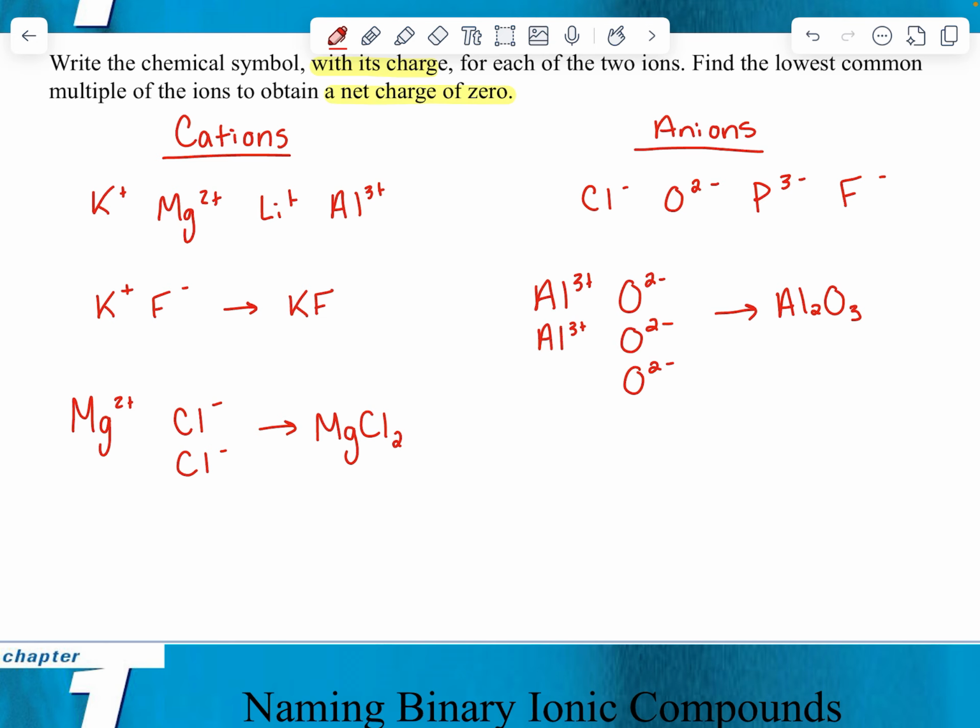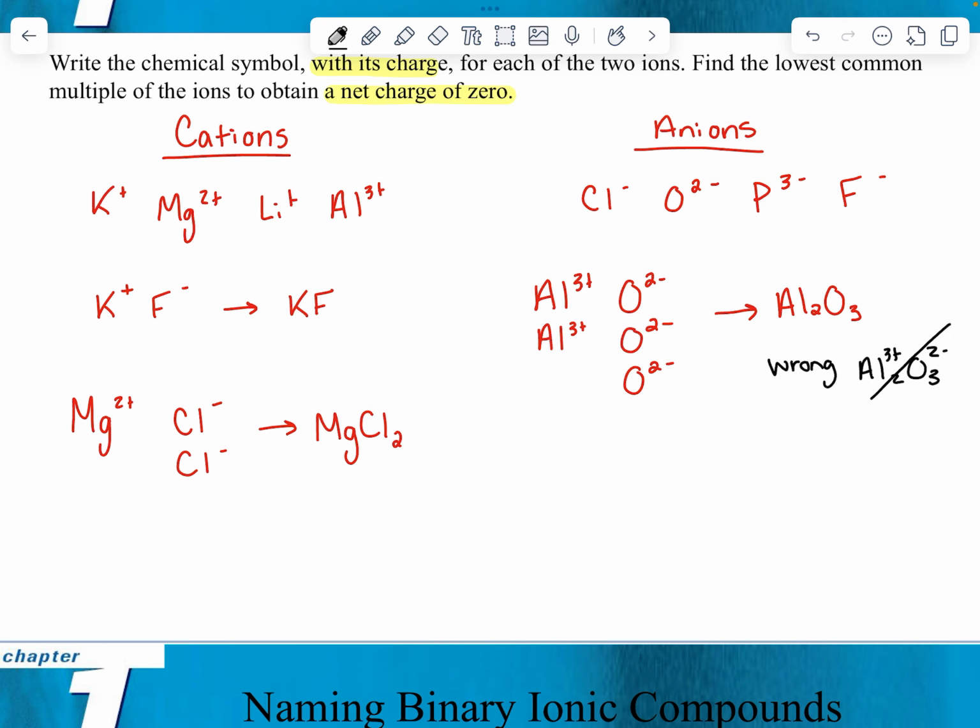So you can balance these in your head. You can show your work on the side if you want, something like that. But make sure that when you actually put your final answer, you're not leaving the charges in your formula. So for example, this would be wrong if we wrote Al3 plus 2 and O3 2 negative.